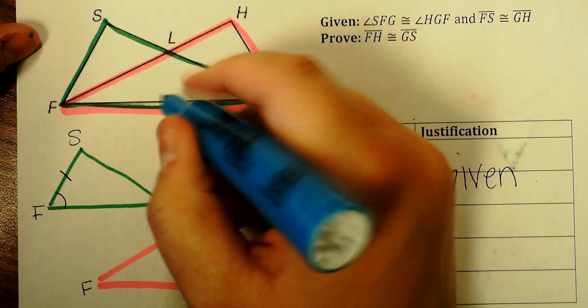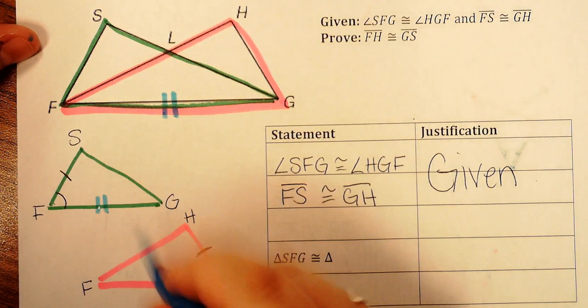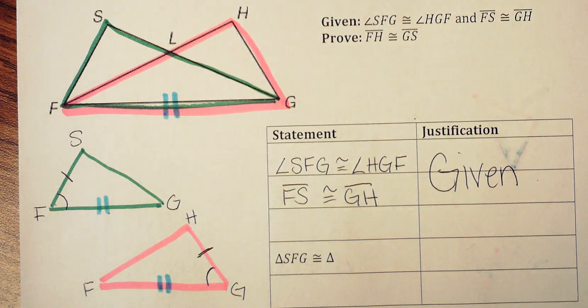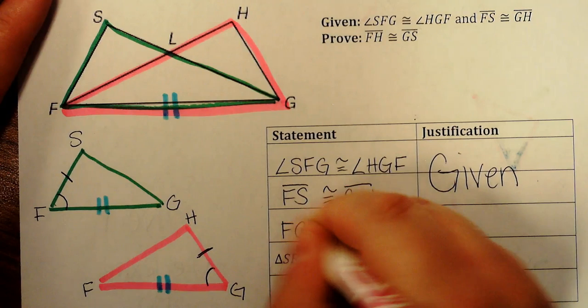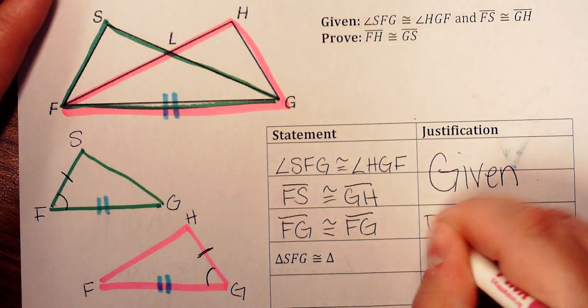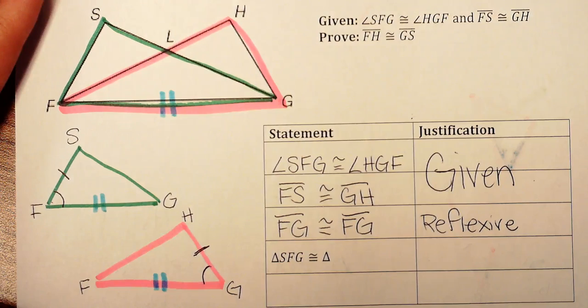In this diagram, I'm going to argue that FG is across the bottom of both of those triangles, and so that part I'm going to use the reflexive property with, but that segment is the bottom of both of those triangles. They're turned in different directions, but that segment has to be the same length in each, so it has to be congruent to itself. So this is reflexive.